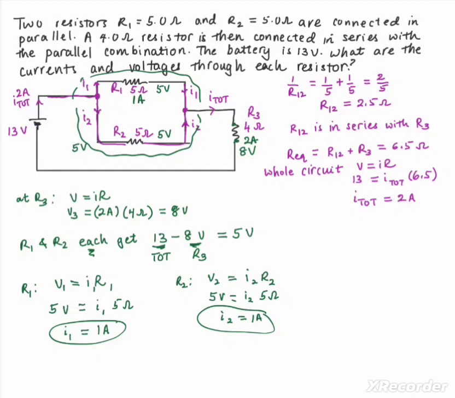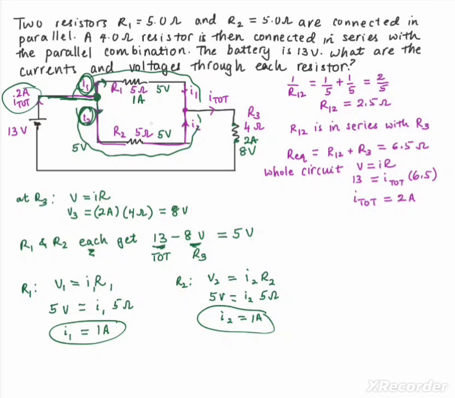Now does this make sense? Well, I1 and I2 are both 1. So I1 here and I2 here are both 1 amp. When they add up, that must equal the total, because that's how much is coming to this junction. So 2 amps is coming to this junction, and 1 goes to the top and 1 goes to the bottom. And they are equally split, 1 and 1, because the R values are the same.